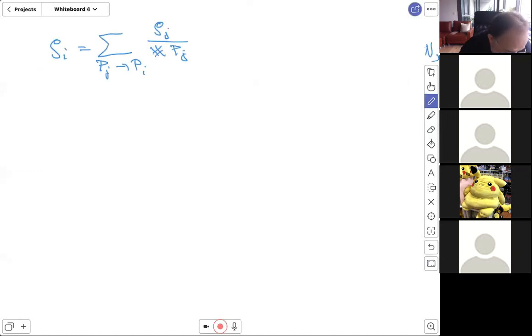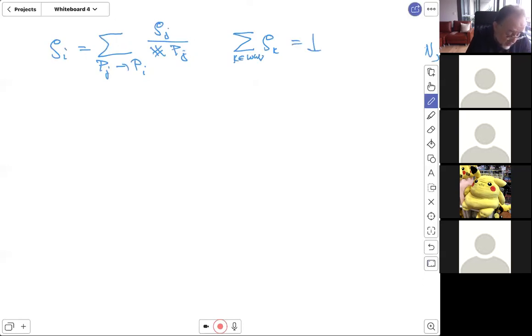Let's see what this equation says. Let's assume that we have a solution, and let's also assume that this solution satisfies that the sum of all ranks rho k, where k belongs to the WWW, is equal to 1.